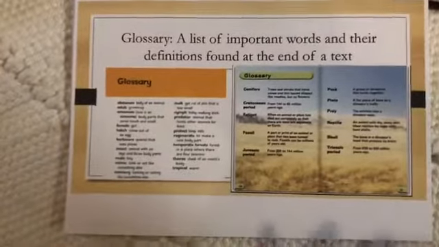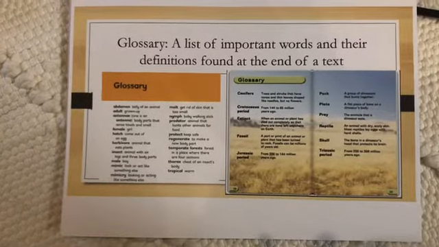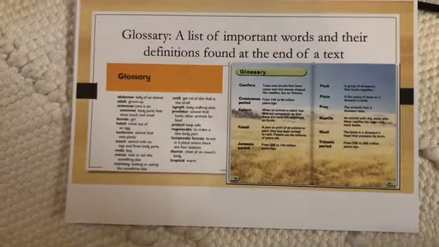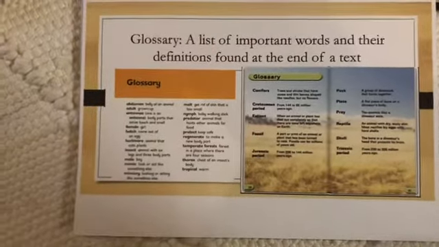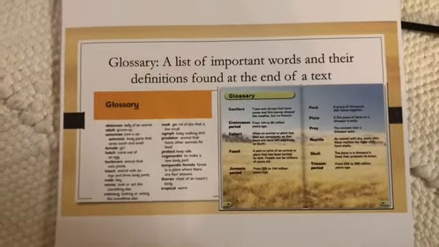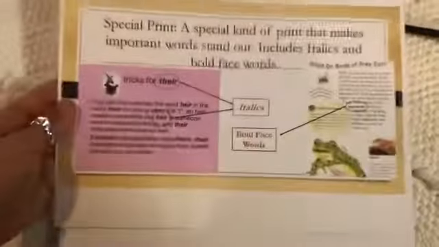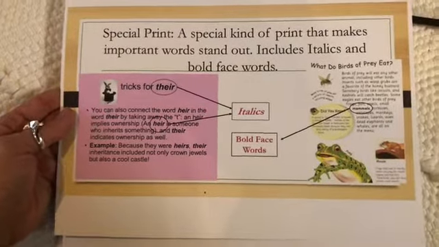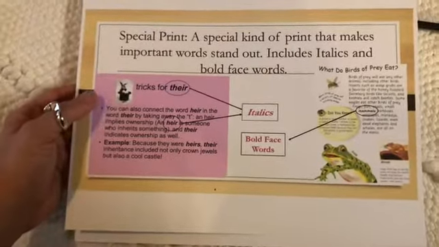Another text feature you might know about is a glossary. A glossary is a list of important words and their definitions found at the end of the text. So sometimes you will see words like we talked about in special print, either bolded or in italics, sometimes even highlighted. Those words are important to the text and the author wants you to know what they mean.